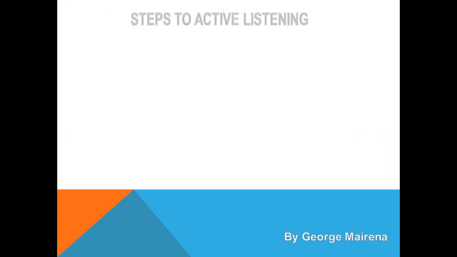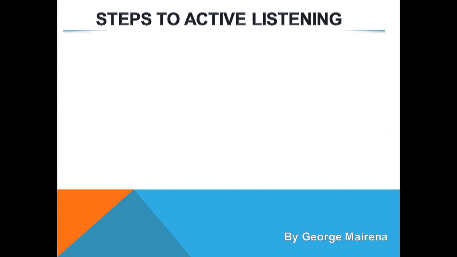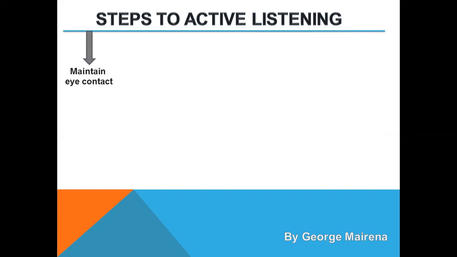So let's see here. We have some steps to active listening, and the first step will be for Allison. What can you say about that step, Allison? Maintain eye contact.